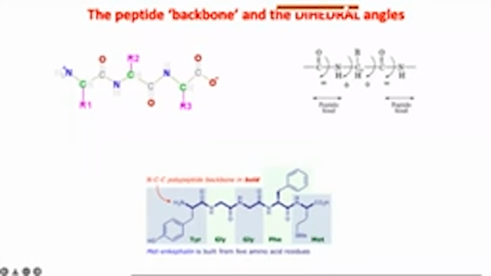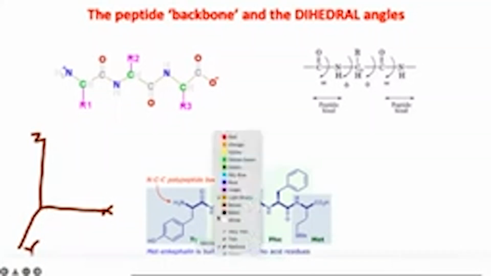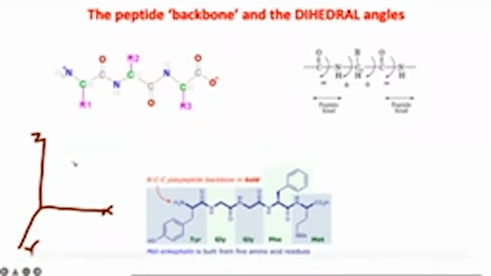Now, let me see if I can explain this to you a little more clearly. The way I'm going to explain this is to ask you to imagine an XYZ grid, a three-dimensional graph paper, with this being, let's say, the x-axis, this being the z-axis, and this being the y-axis. Okay, and this is basically coordinate space, and in this coordinate space, if you have any atom over here, and let's just draw a benzene ring sort of ring over here, these atoms can be given specific points in this XYZ grid.